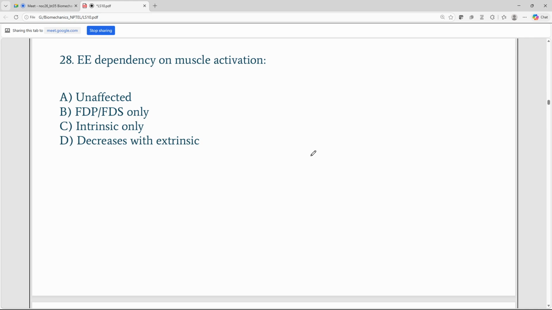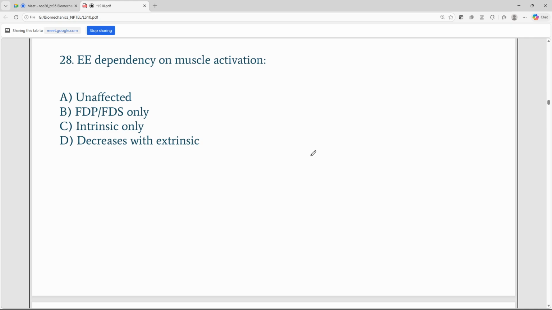Question is, what conclusion can be drawn about the enslavement effects, or EE's, dependency on muscle activation? Option A, it is unaffected by which muscle groups are activated. Option B, it depends only on the activation of FDP and FDS muscles. Option C, it increases with the exclusive activation of intrinsic muscles.